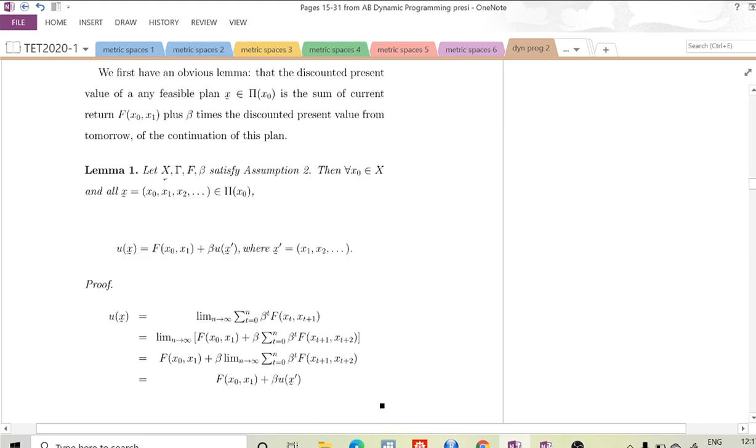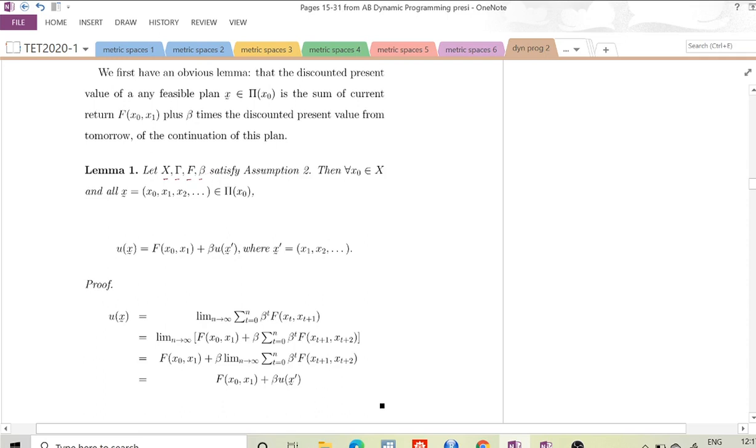So the set of states, feasibility correspondence, return function, discount factor, okay? Once you have these, you can define the problem of maximizing discounted present value subject to feasible plans, okay?